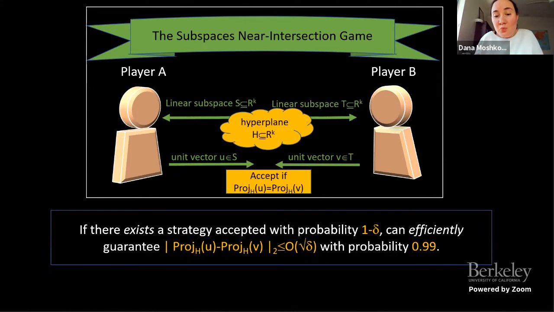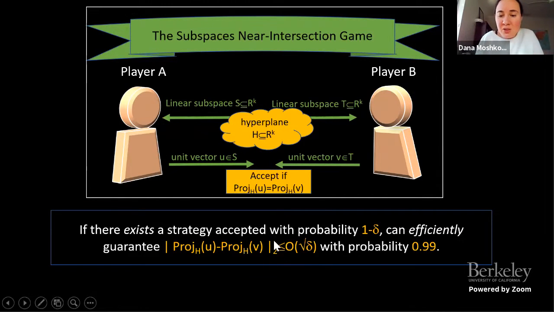So here is what one can do with semi-definite programming. Suppose that there exists a strategy for the players that is accepted with probability 1 minus delta. As in, the projections are exactly the same with probability 1 minus delta. What can you guarantee efficiently? If you write the semi-definite program, what you can guarantee is that the L2 squared distance between the projections is at most delta, which corresponds to the L2 difference being square root of delta.